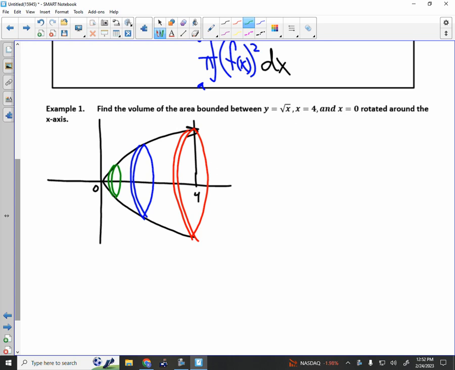What is the width of the disc? dx. The width of the disc is a horizontal width of dx. What is the height of the disc?